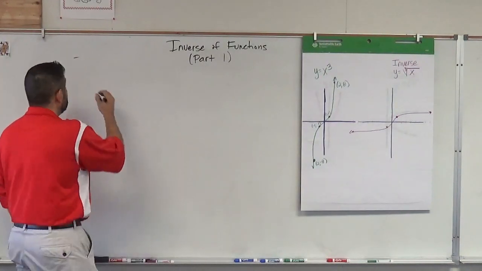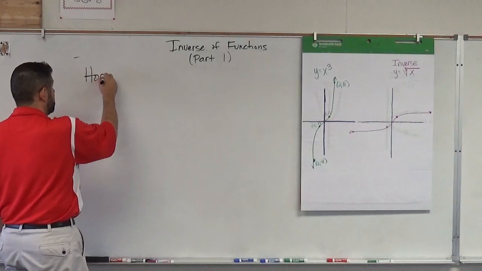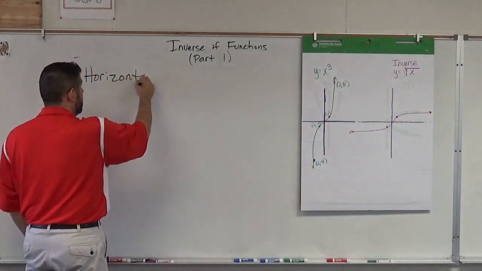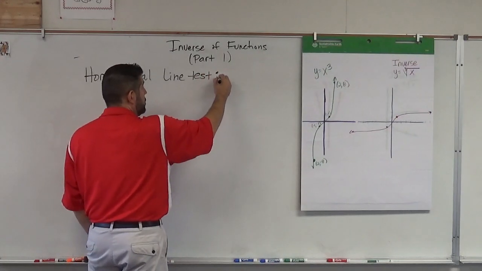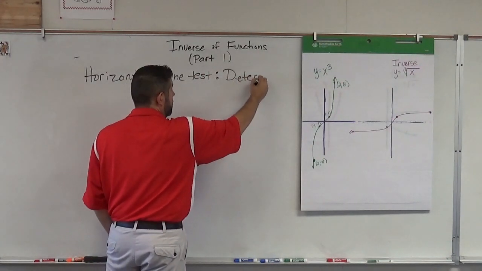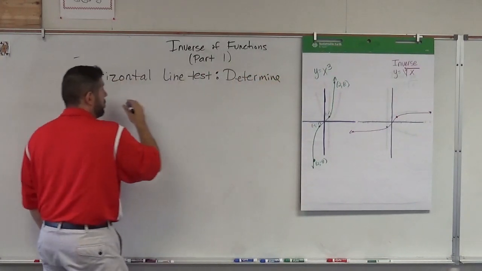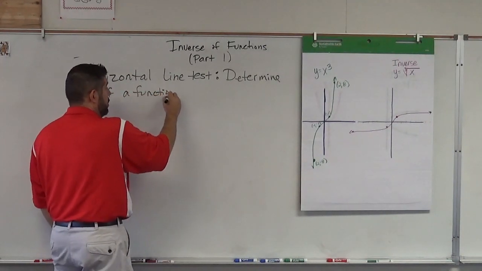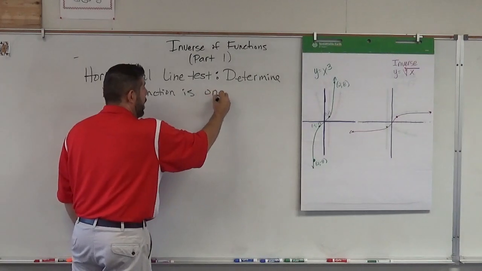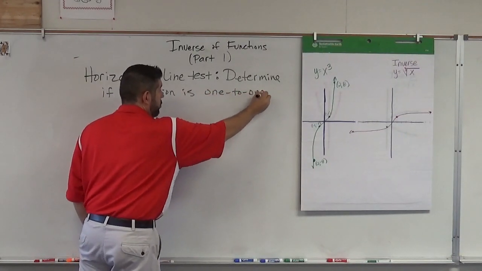Well, I often use something called the horizontal line test. And the horizontal line test will determine if a function is 1 to 1. Now, why would we want to know if a function is 1 to 1?